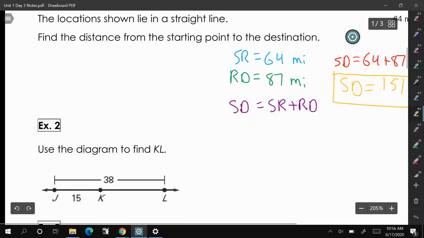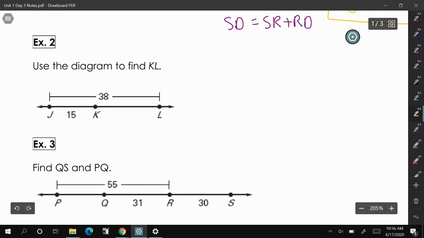All right, let's look at this next diagram. Now, this one is going to be a little bit backwards because we know that this whole length from J to L is 38. And we only have part of it from J to K as 15. So if we write it out as JL equals JK plus KL, well, we know that JL is 38, and we know JK is 15.